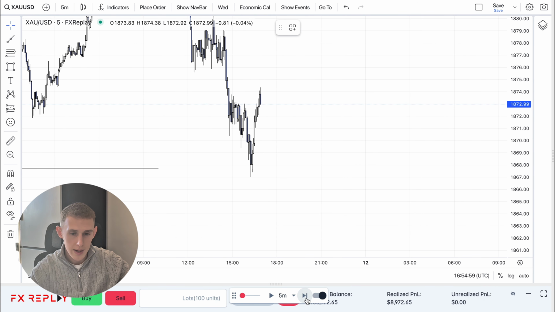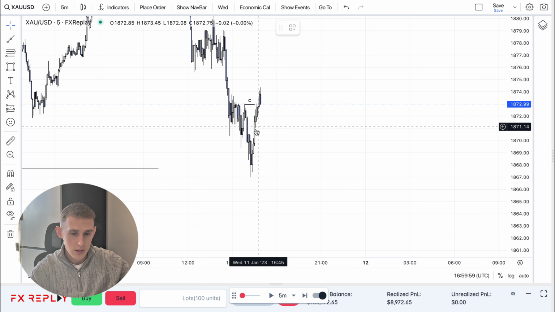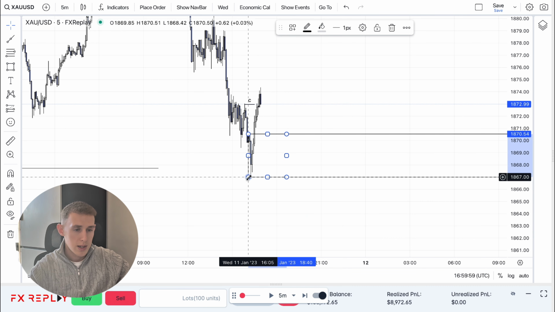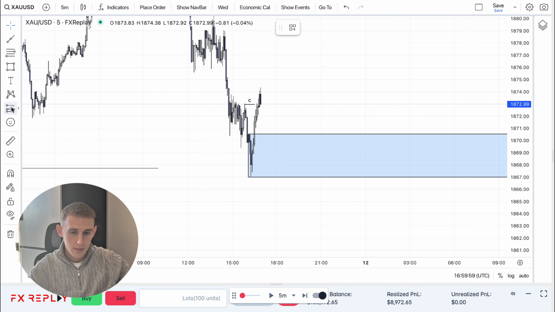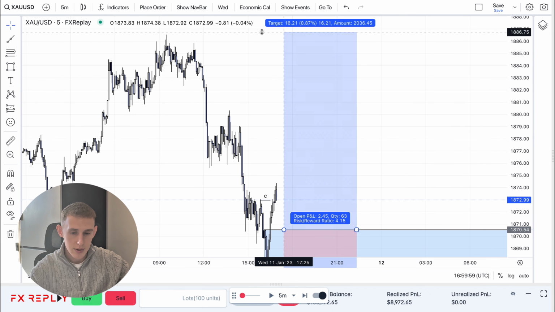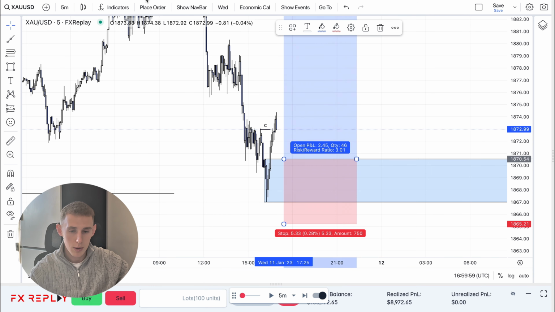There you go, so you've sort of had that 5 minute change of character. You have this sort of imbalanced region down here. So I'm going to set a limit on this and target that high, but I'm going to have a slightly bigger stop just in case price wants to break those lows one more time.